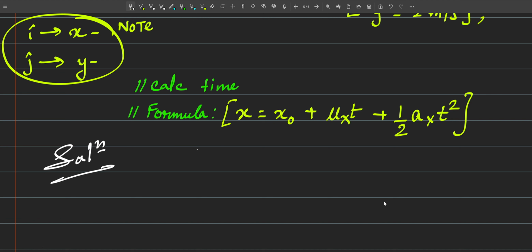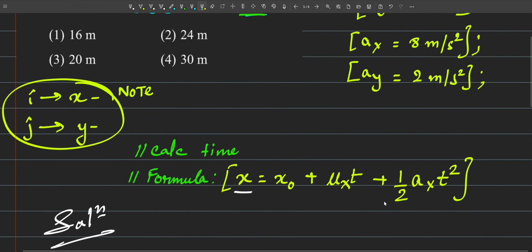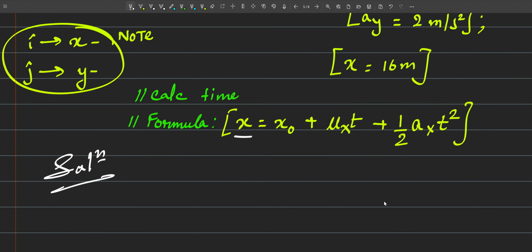From this formula we can write x is actually 16 meter, which is given. We will write in the given that x is equal to 16 meter, and then we can continue with our solution, that is 16 is equal to x naught.